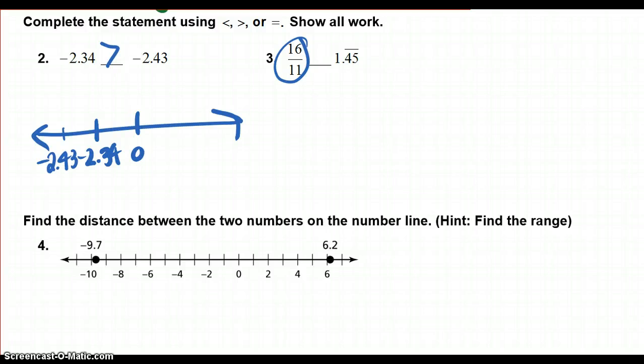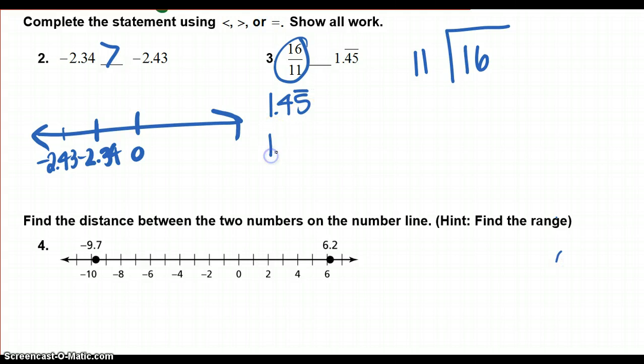On number 3, 16 over 11 changed into a decimal. Once again, you do the top dog in the house and divide it by 11 and use long division. For time's sake, I'm not going to do that step. But 16 divided by 11 is 1.45 repeating. Now this is tricky. We have 1.45 repeating, which is the same thing as 1.4555, on and on and on forever.